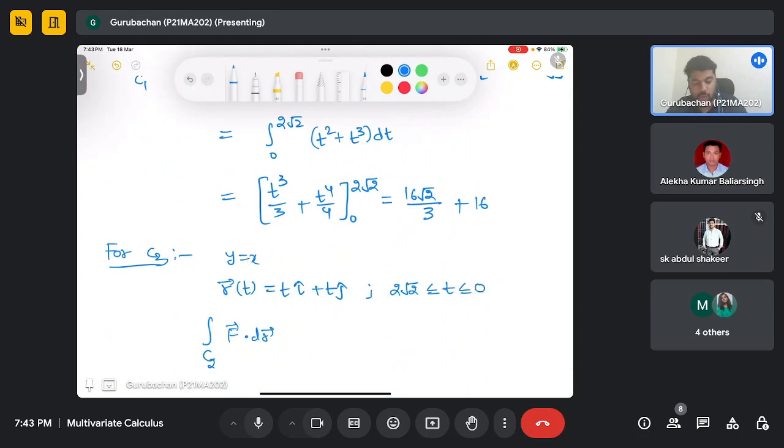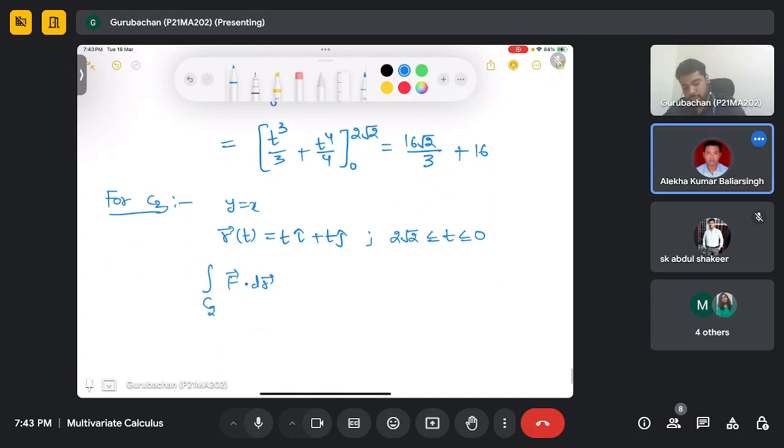Don't think this is a wrong way of writing. We are just considering the movement of a particle over this particular curve.